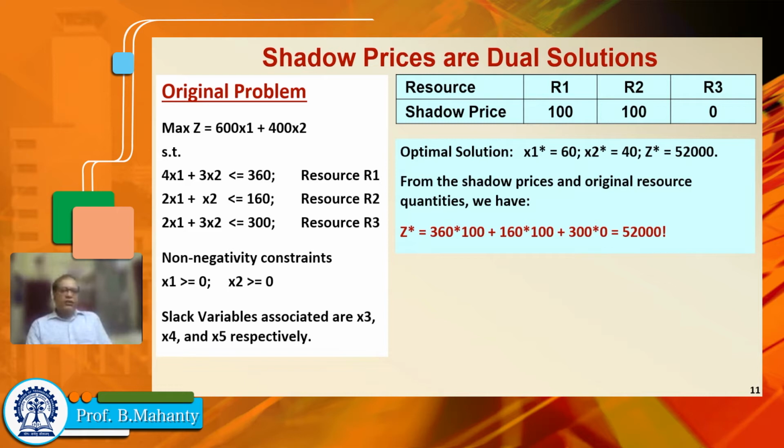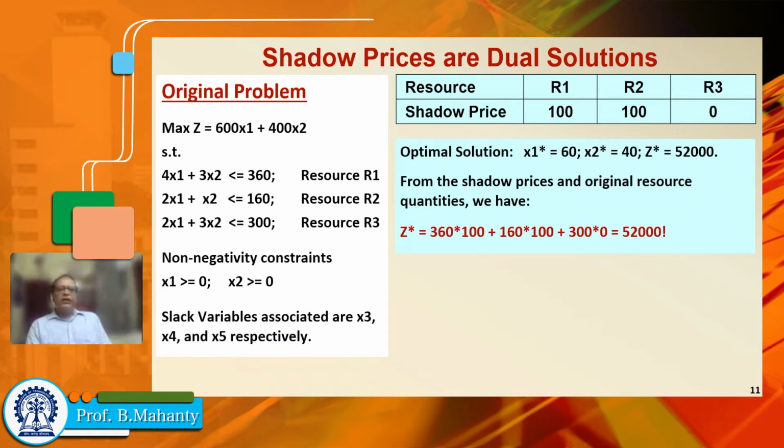Resource R1 was 360, R2 was 160, R3 was 300. Now, what are their shadow prices? 100, 100, and 0. Let us multiply them: 360 into 100, 160 into 100, and 300 into 0. How much is that? That value is also 52,000.